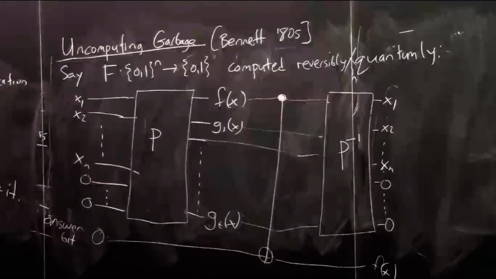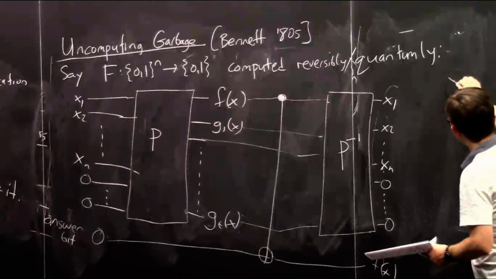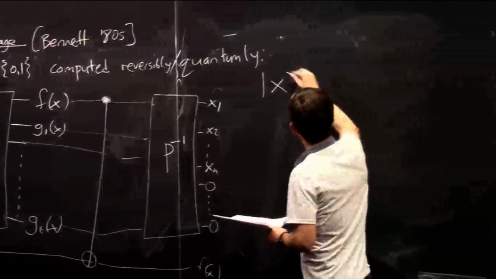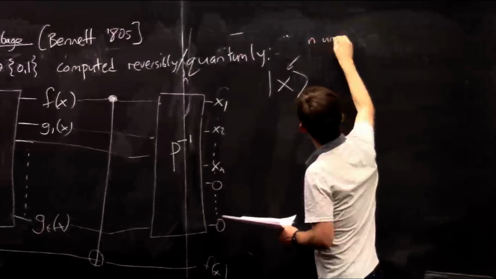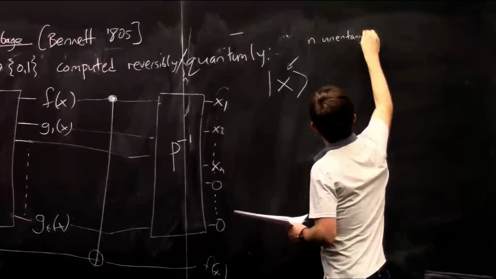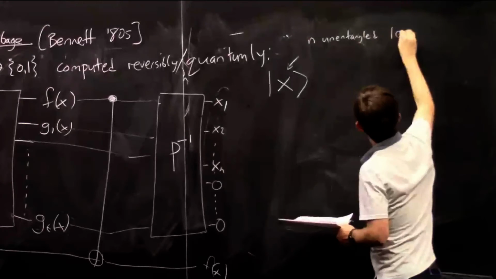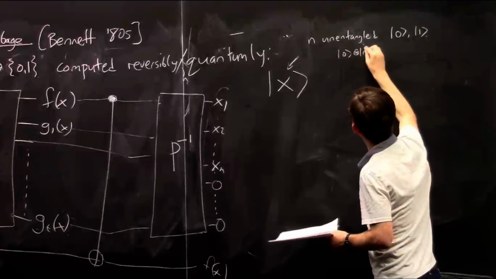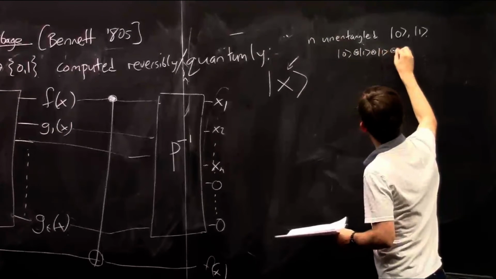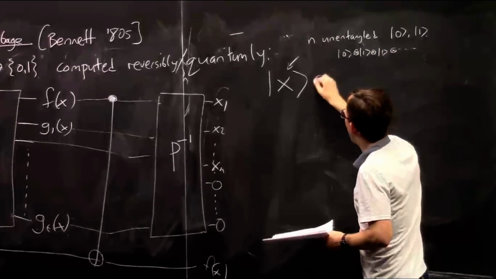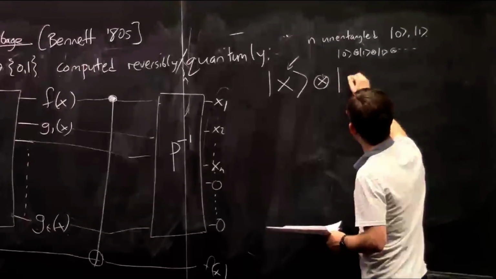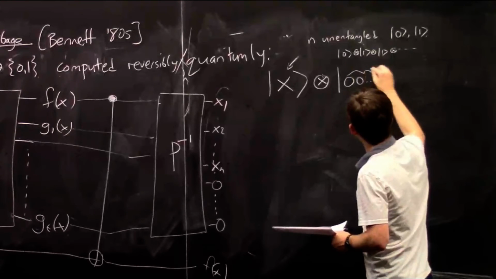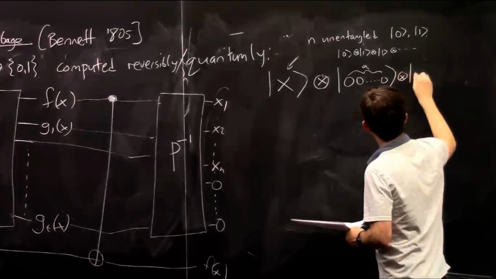So in that sense, what happens here is if the input state looks like this, x, and this is n unentangled zeros and ones, so if x looks like 0 tensor 1 tensor 1 tensor 0, or whatever, and then you tensor it with a many zeros, and then you tensor it with one more 0.